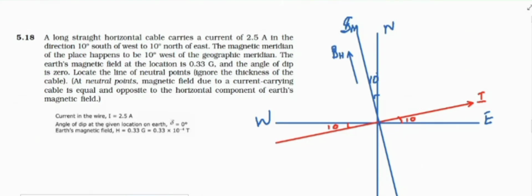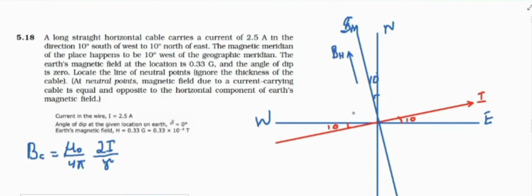The second magnetic field is the one produced by the cable: BC is equal to mu naught by 4 pi, 2I by R. Apply the right hand thumb rule: above the cable, the magnetic field is towards the south, while BH is towards the north.